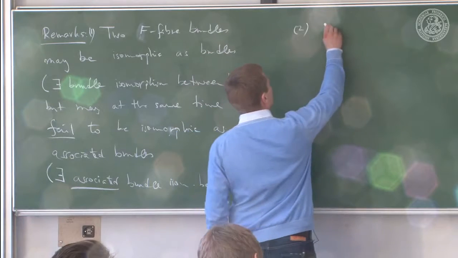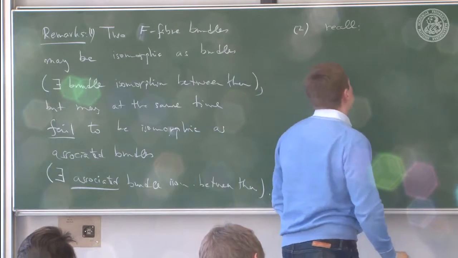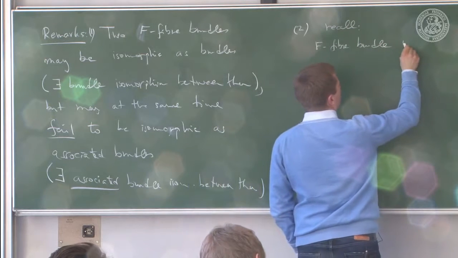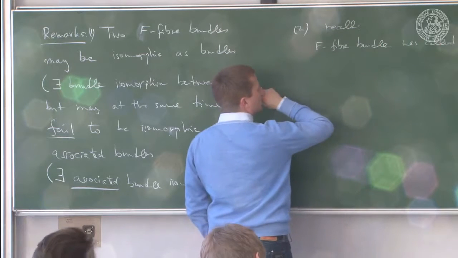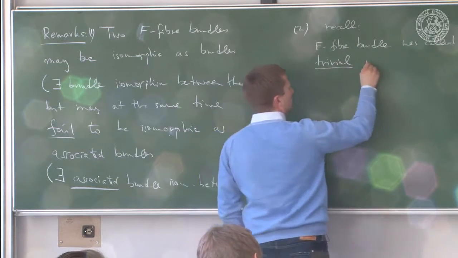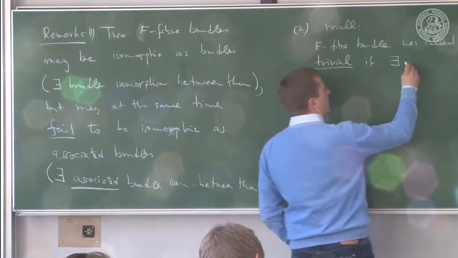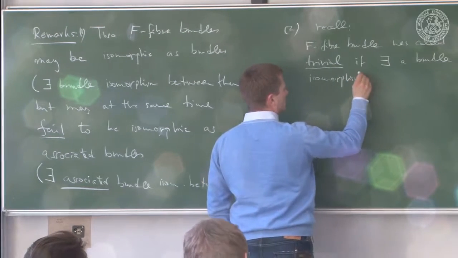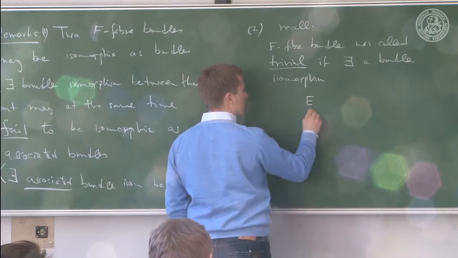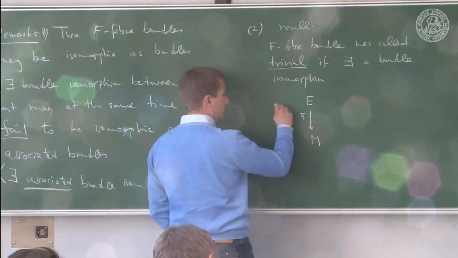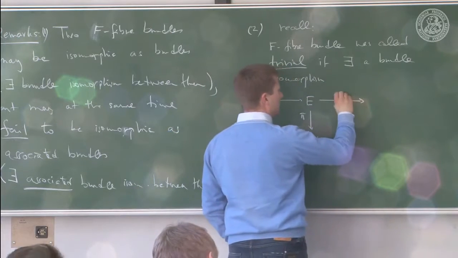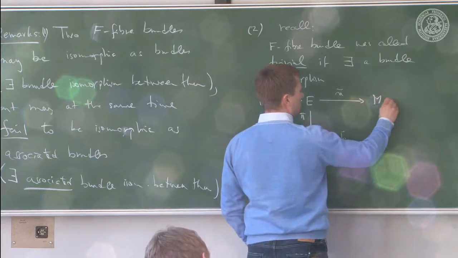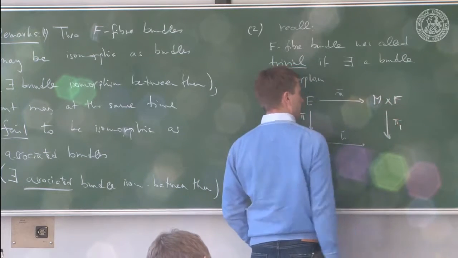Oh, let's write it down. Recall that an F fiber bundle was called trivial if there existed a bundle isomorphism that takes your fiber bundle with total space E, projection map pi, and obviously there is a fiber F. If there was a bundle map U, let's call U twiddle H twiddle, to M cross F, and this was the projection to the first factor.